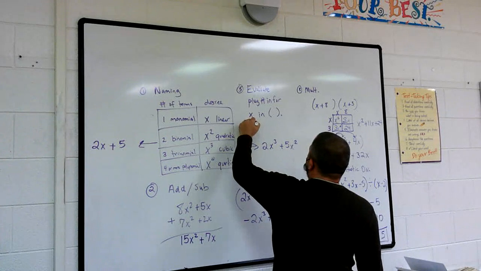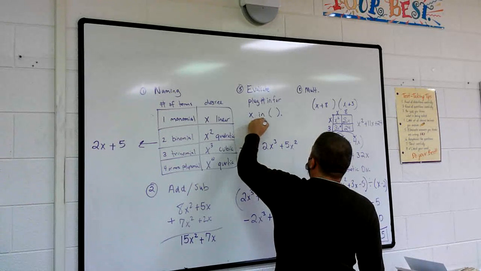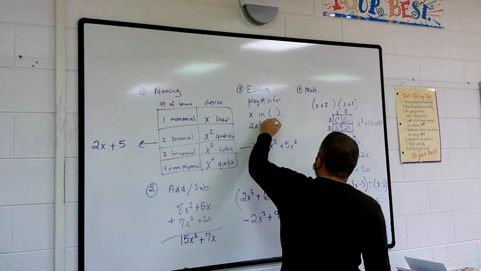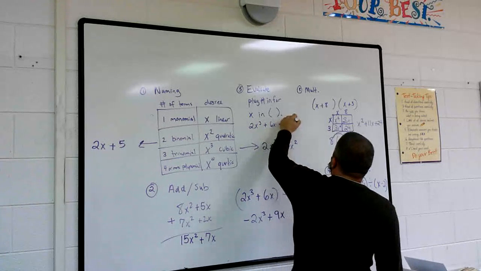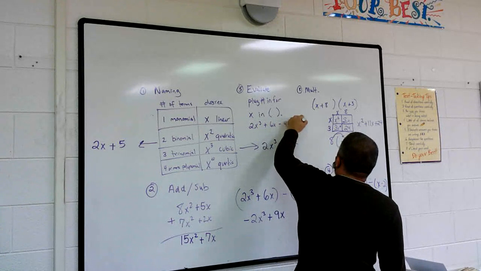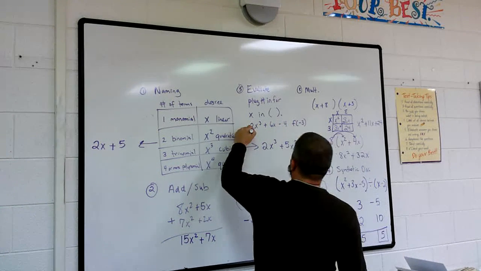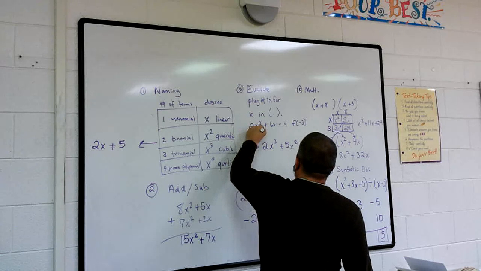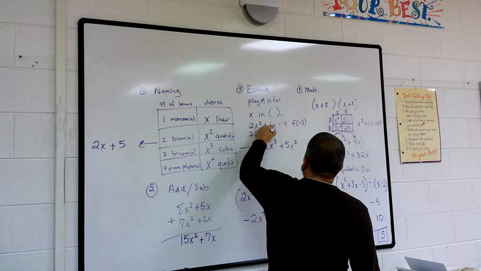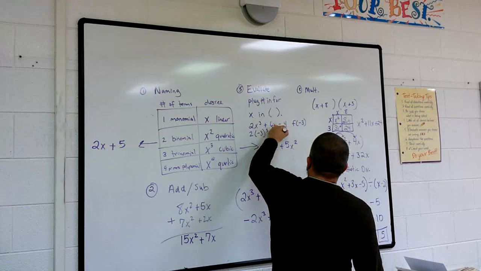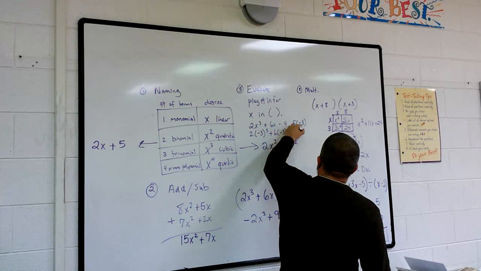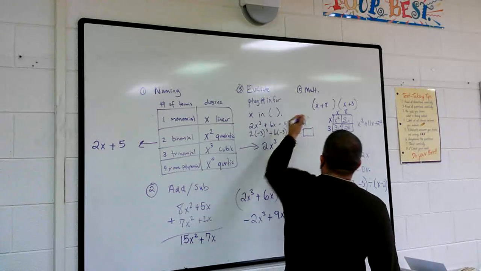So if it is 2x to the third plus 6x minus 4, and it says f of negative 3, then everywhere we see an x, we would plug in a negative 3. And we would get an answer.